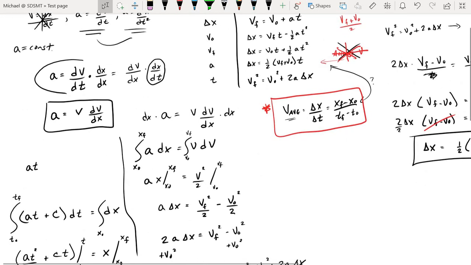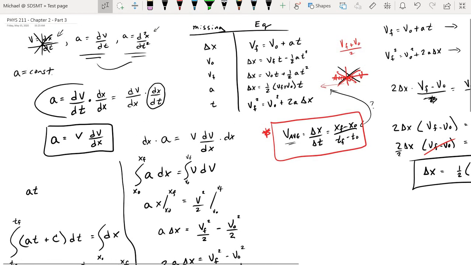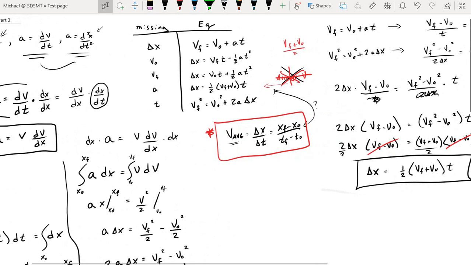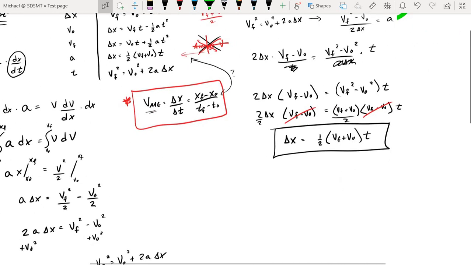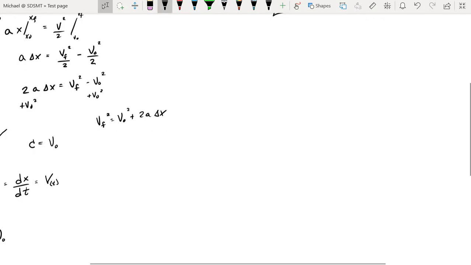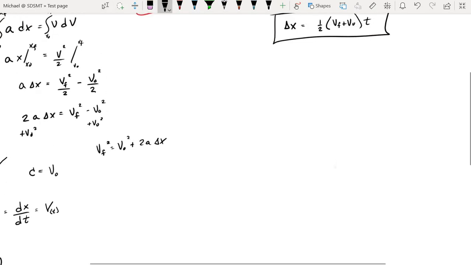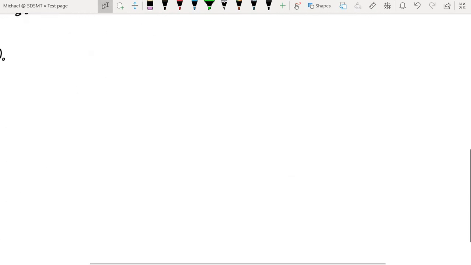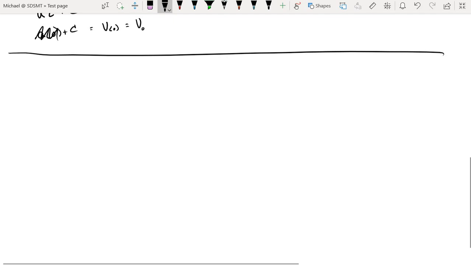Alright, so now we have all of the kinematic equations. Now we can start using those kinematic equations for different physics problems. It is at this point that I would like to segue into a helpful little checklist.